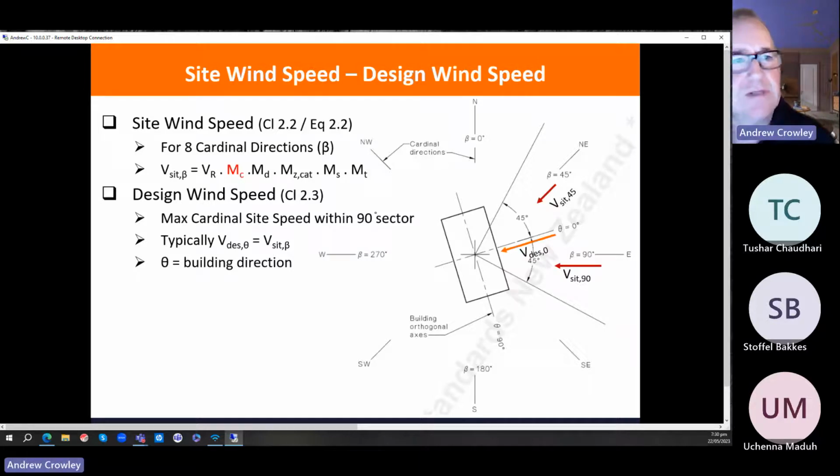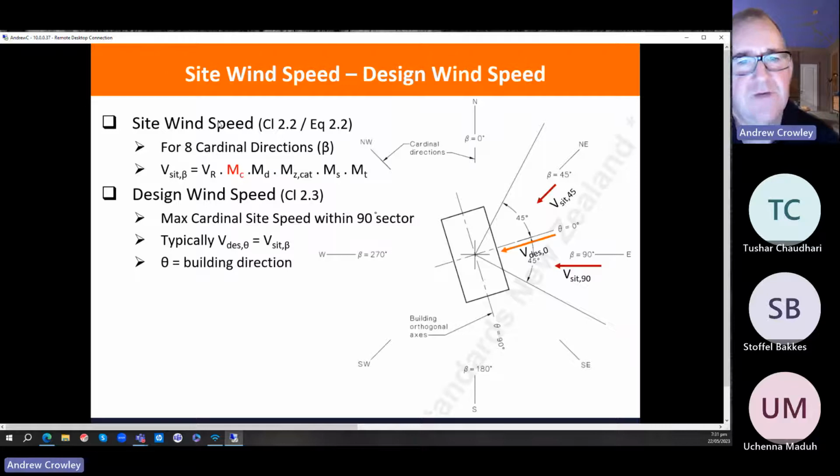So find your design wind speed. You first pick your site wind speed, and you need to know it in 8 cardinal wind directions. You then multiply your regional wind speed by your various factors, MD, MZCAT, MS, and MT, as we discussed before. And your design wind speed is then the maximum cardinal wind speed factor within a 90-degree sector.